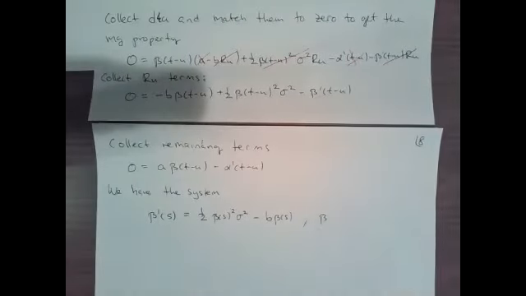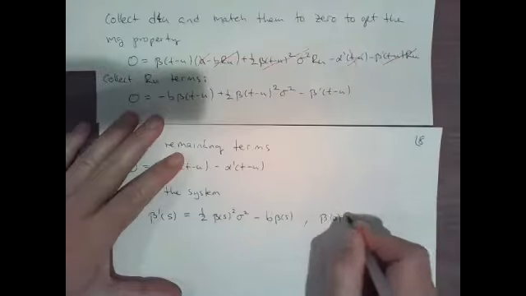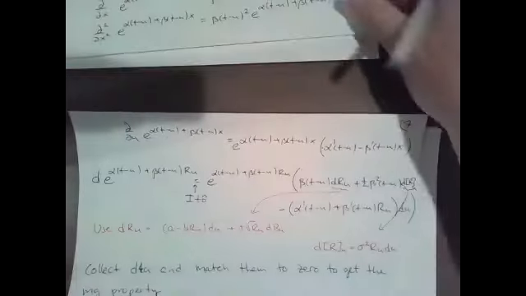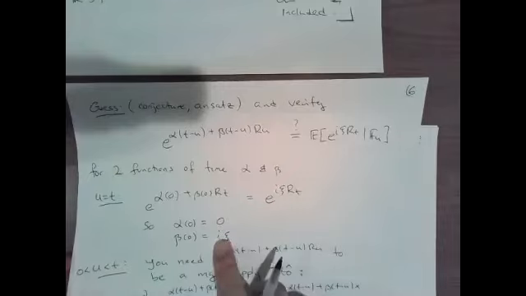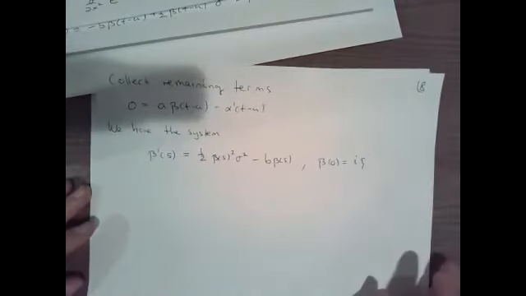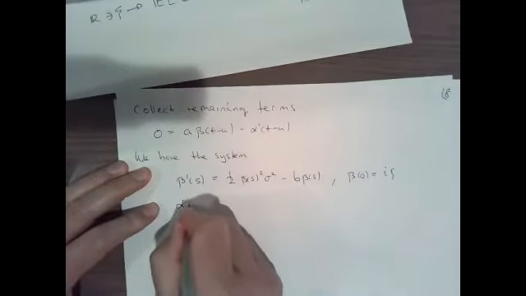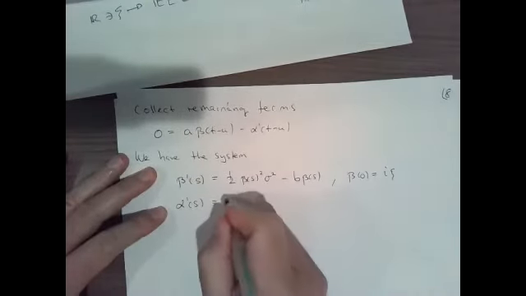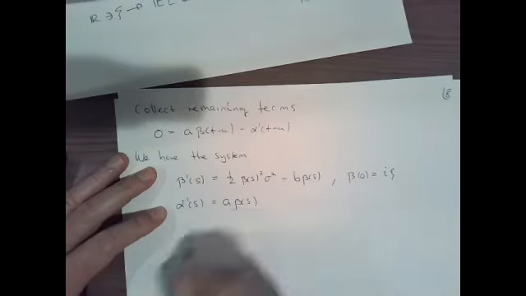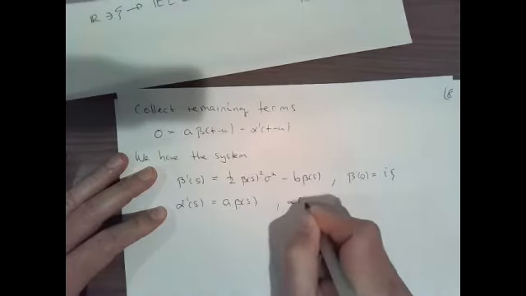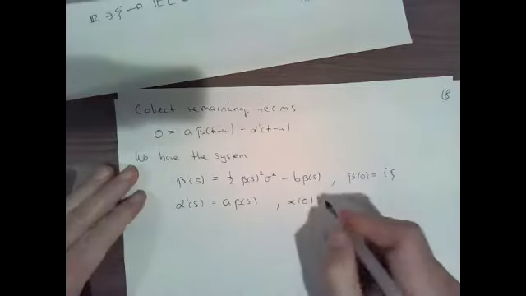At time 0, what was the initial condition? This was a given value. This was one equation. The other equation was this one: alpha prime of s is equal to a beta(s). The initial condition was 0.